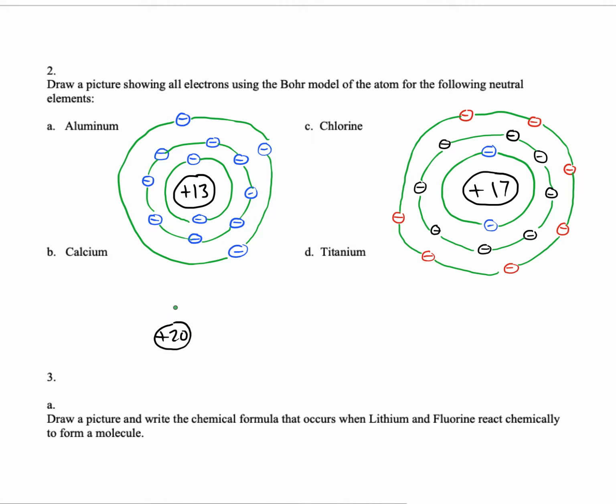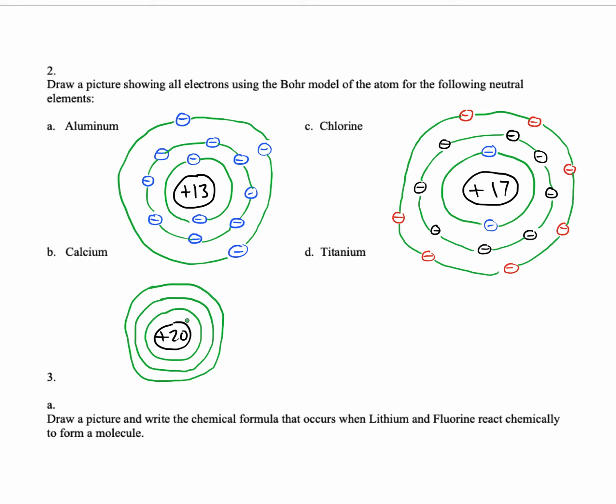And we want to draw the electrons in the inner shell. But I think just to save time, I'm just going to draw the rings here, and I'll assume that they're filled. We know the first energy level is filled, we know the second energy level is filled, and we know the third energy level has to be filled too as well for calcium.